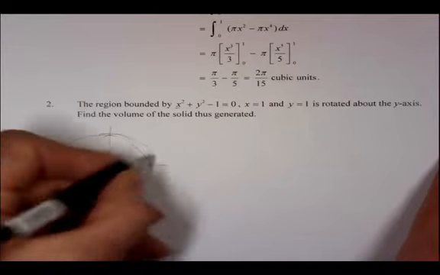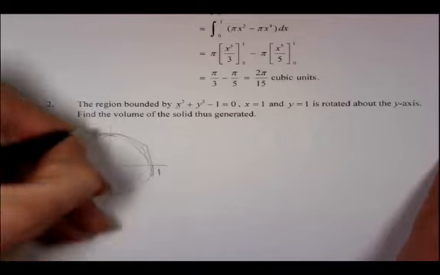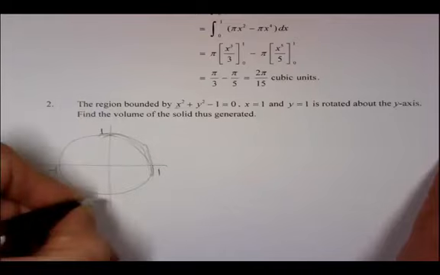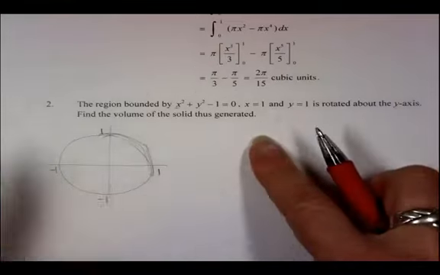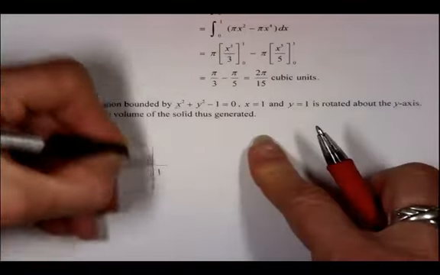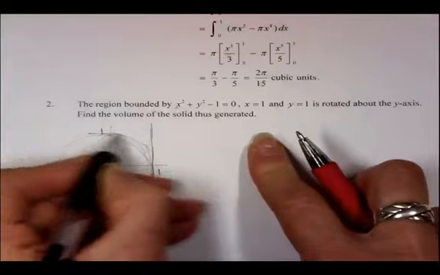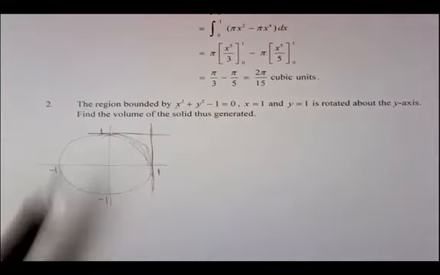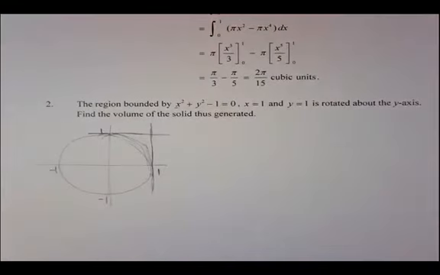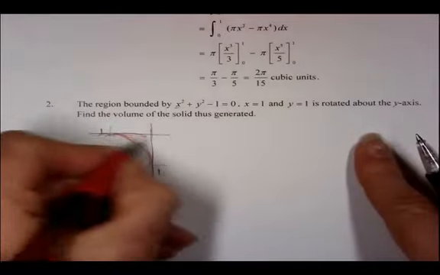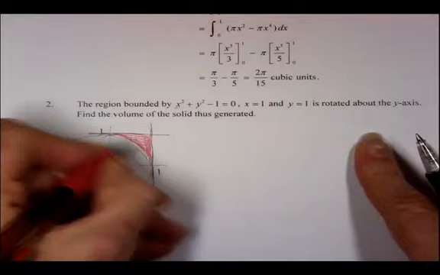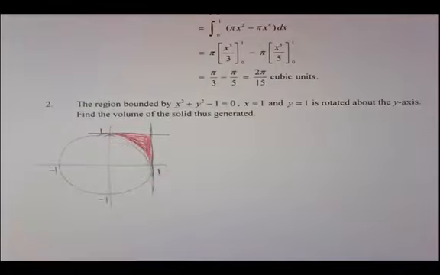All right. Maybe. It's hard to draw a good one. There's a bad circle of radius 1. Our other boundary curves are x equals 1, y equals 1. So we've got the region bounded by these three things. That's here. Do you agree that's the region bounded by those three curves?